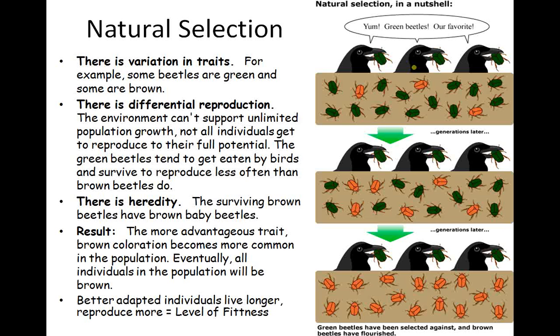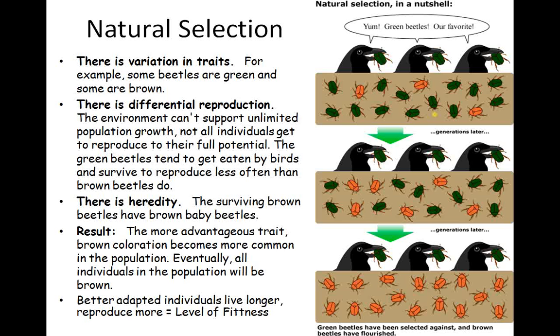Now, we also know that these beetles live in an environment in which they are competing with each other for food. And so they have 2 pressures, one coming from the crows and one coming from the limited resources around them. As time goes on, the crows will eat the green beetles and will avoid eating the brown beetles.